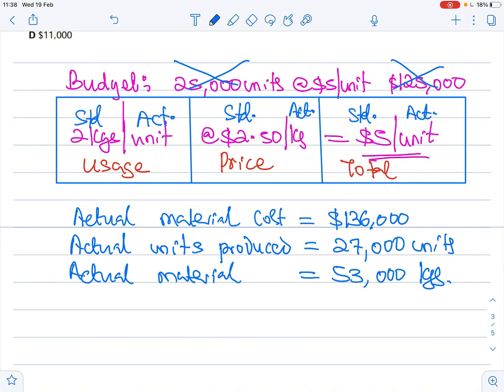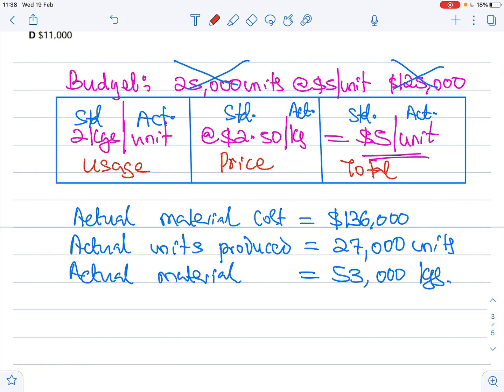So what's the standard? The standard is what I have here. Some textbook writers will refer to this by different names, but you can call it standard, and you can also call it the cost card.